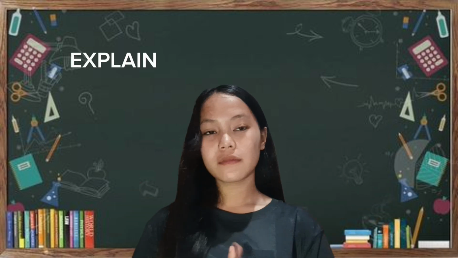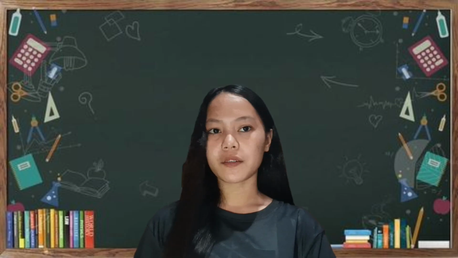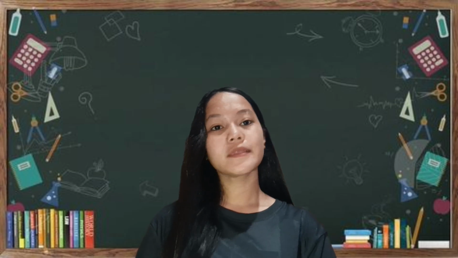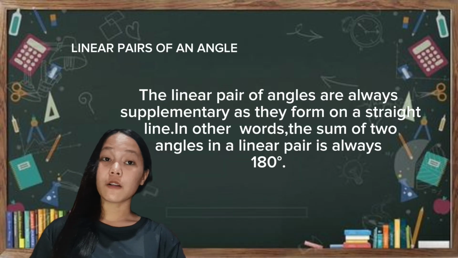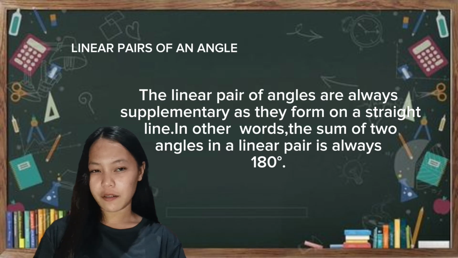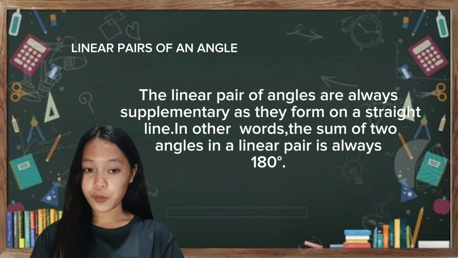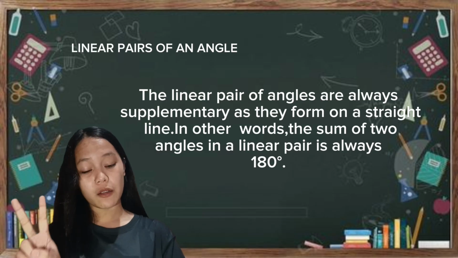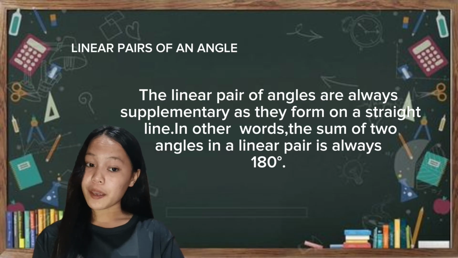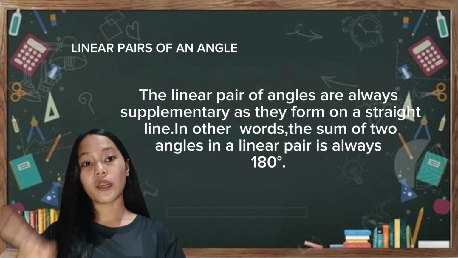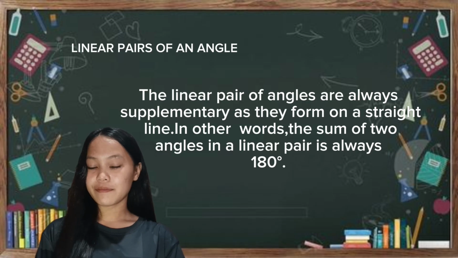And now, what are linear pairs of angles? Linear pairs of angles are always supplementary as they form a straight line. In other words, the sum of two angles in a linear pair is always 180 degrees.